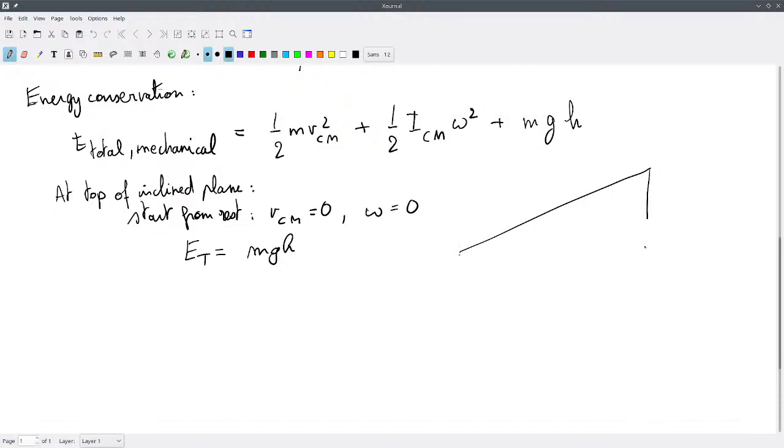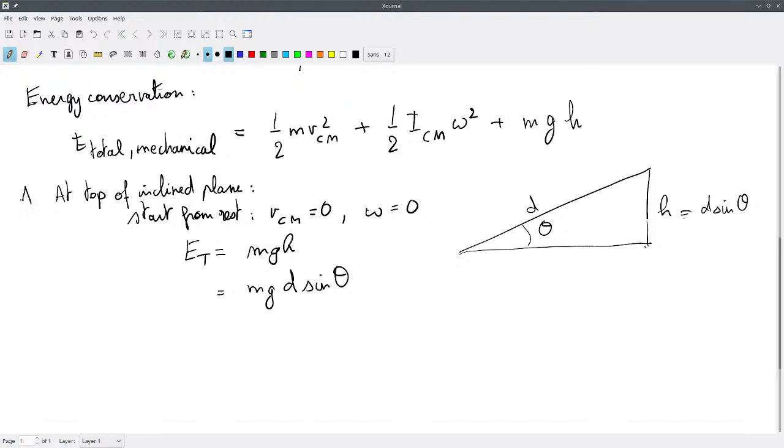We're going to call this the height. This is theta. And we'll call this the distance d. And if that's the distance d, then the height is, of course, d times sine theta. So we're going to write this also as mg times d sine theta. So that's the total energy at the top of the plane.